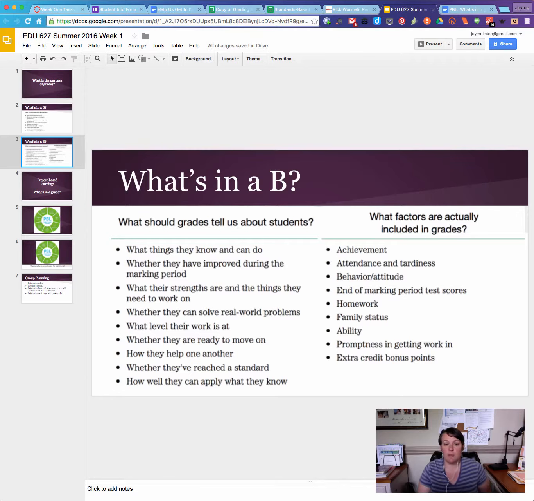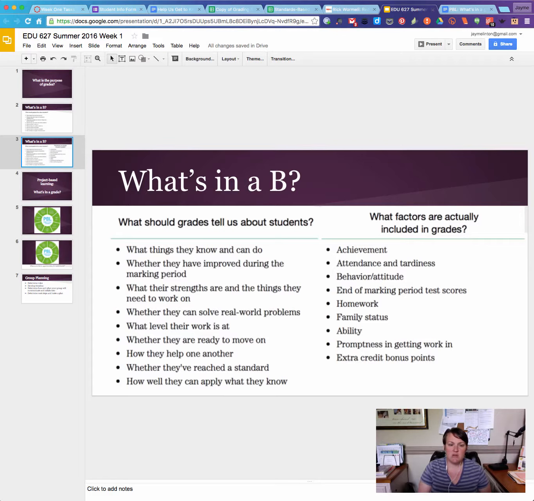So for inappropriate behavior, sometimes that would influence a grade. Perhaps points were taken off or students missed the opportunity to complete assignments because of their behavior choices. Summative assessment scores, so end of marking or end of chapter or end of unit test scores. Teachers said they include those in grades. Teachers also said they include homework in grades.